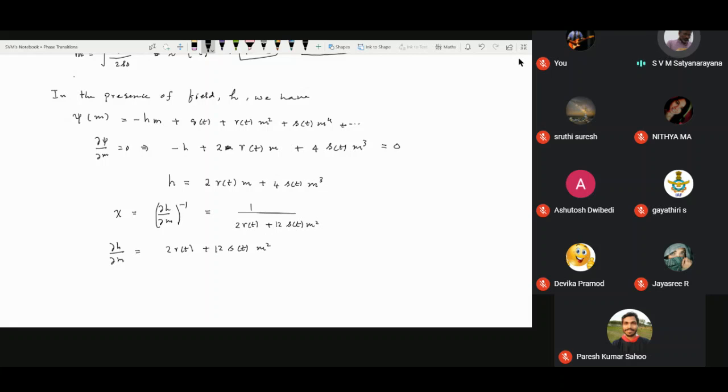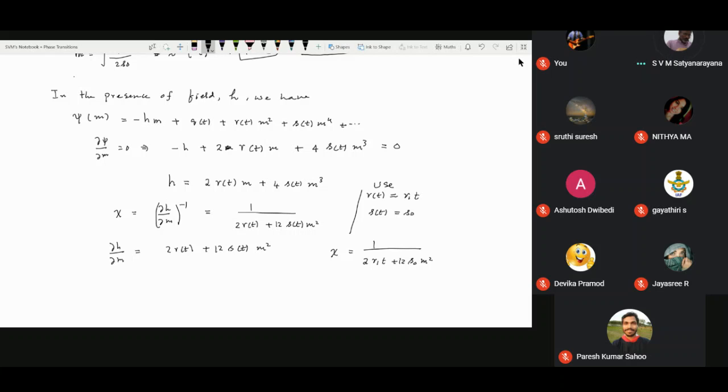Now, as usual, I take r of t to be r1 into t and s of t to be simply s naught. If I use this, like in the previous case, then I will have chi equal to 1 over 2 r1 t plus 12 s naught into m square. Now I want to substitute this m square, because the other parameter is known at the Tc.